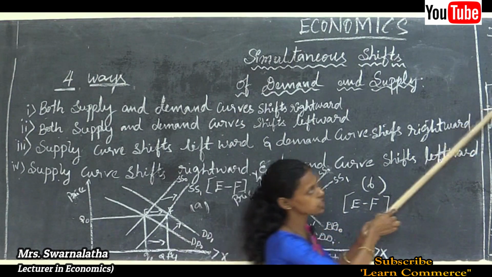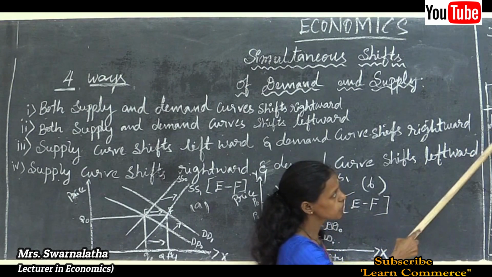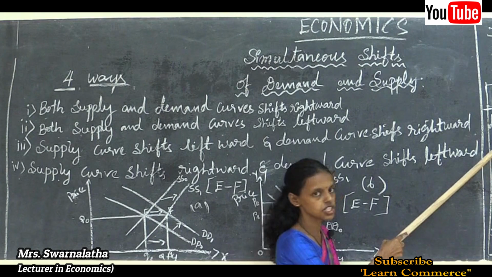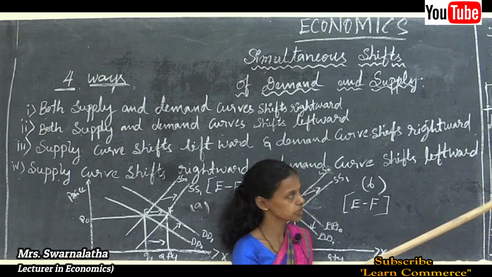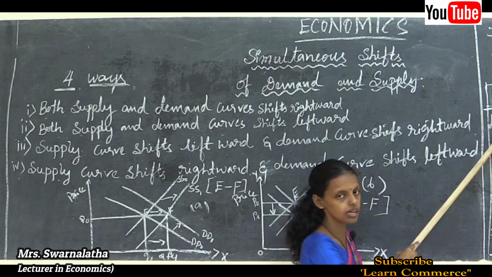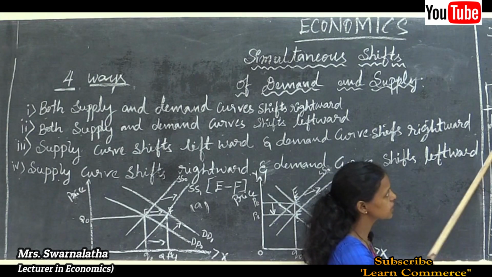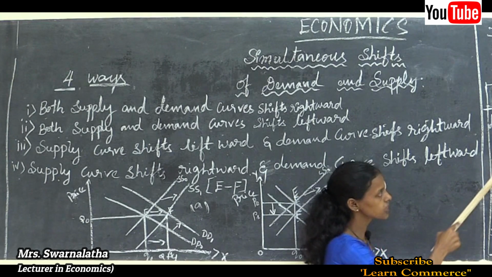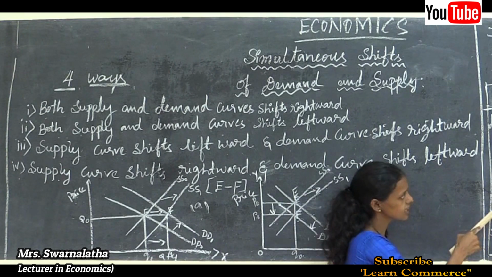So first one, shift in demand. A shift in demand leads to 4 possible ways: leftward shift, rightward shift, leftward shift and rightward shift of the demand curve. So the demand shifts leftward, the supply shifts leftward, and quantity decreases.